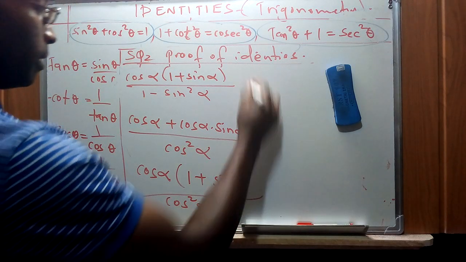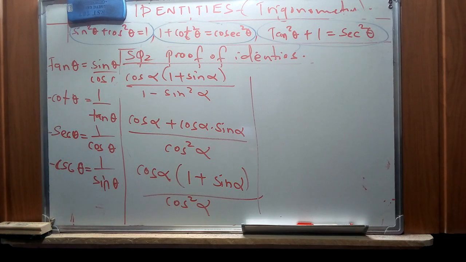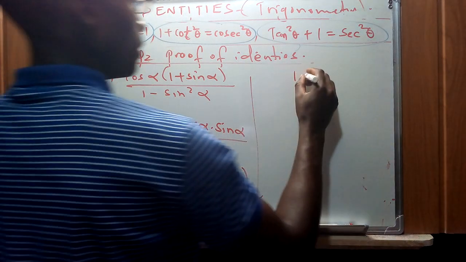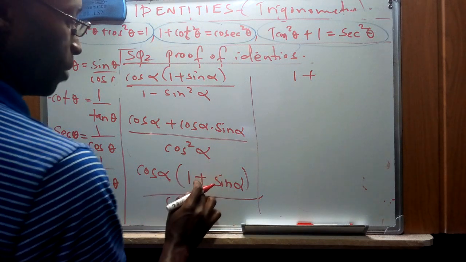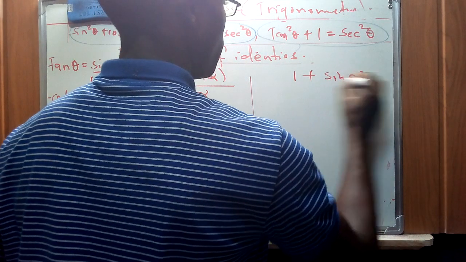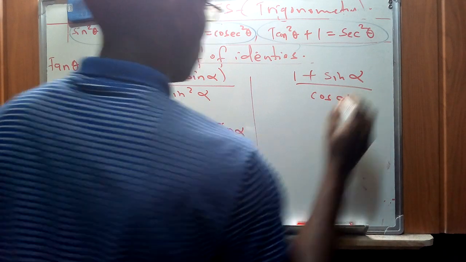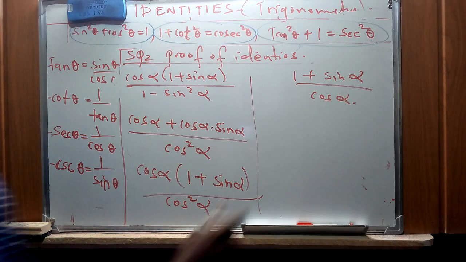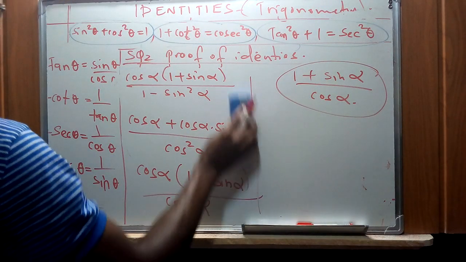Now still we will simplify this one. One cosine will cancel with this, so it is 1 plus the sine of alpha all over cosine alpha. Now that I've cancelled one cosine, this is our answer in solving the left part of the equation.